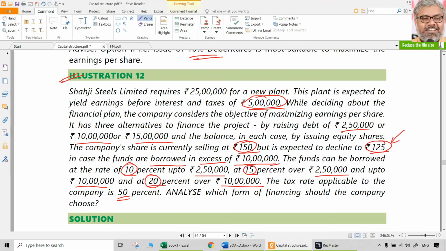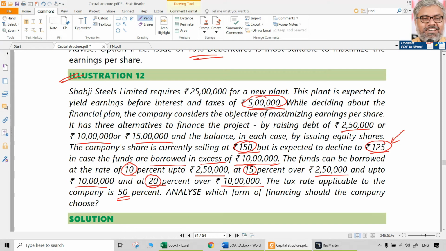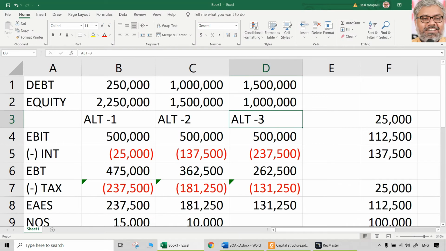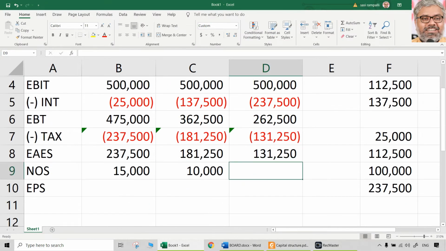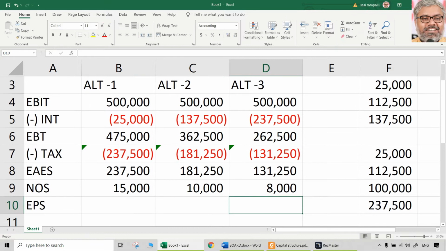But when it comes to alternate 3, since the amount borrowed has crossed 10 lakhs, in excess of 10 lakhs, the price of the share will be declining to 125 only. So if it is declining to 125 only, what will be the number of shares supposed to be issued? 10 lakhs amount to be raised through equity divided by 125 only. That means 8,000 shares are to be issued in alternate 3.